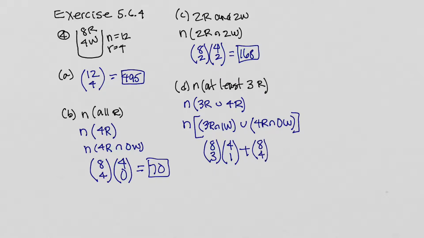We want any 4 of them. There's 4 whites. We want none of those. When I computed these separately, this one here is 224 plus this one here is 70. So altogether we're going to get 294 ways to do that.